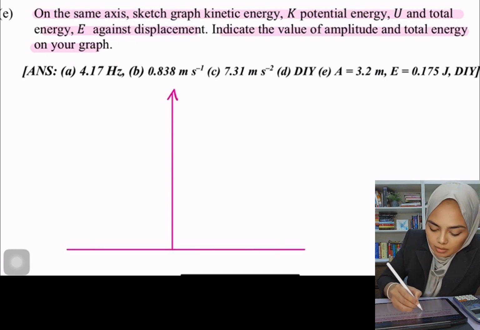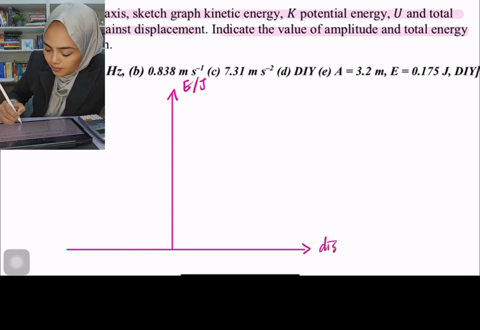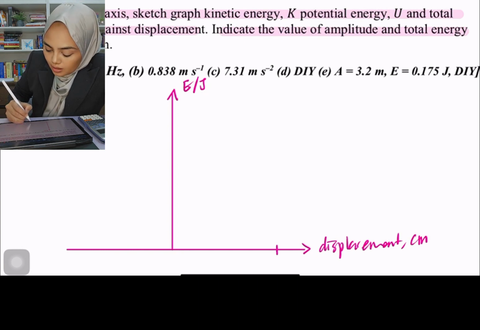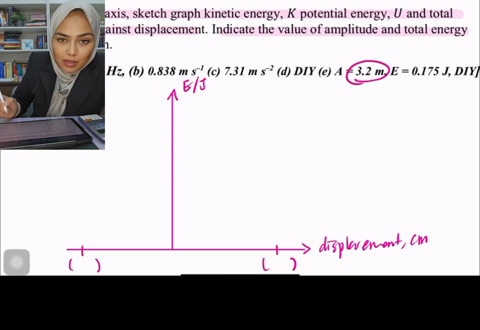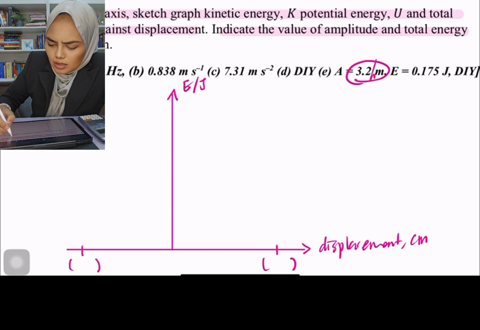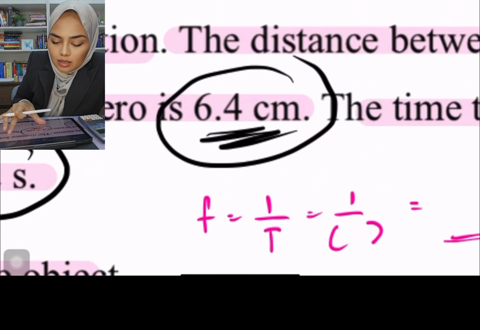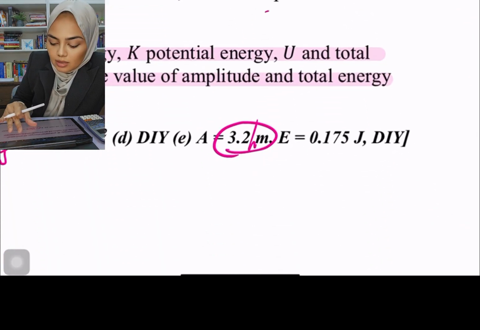And don't forget the label, energy in joule, and then displacement in centimeters, if I'm not mistaken. I think that by now you should get the value of the amplitude yourself. In this case we have 3.2, in centimeters, because the value given here is 6.4 centimeters.